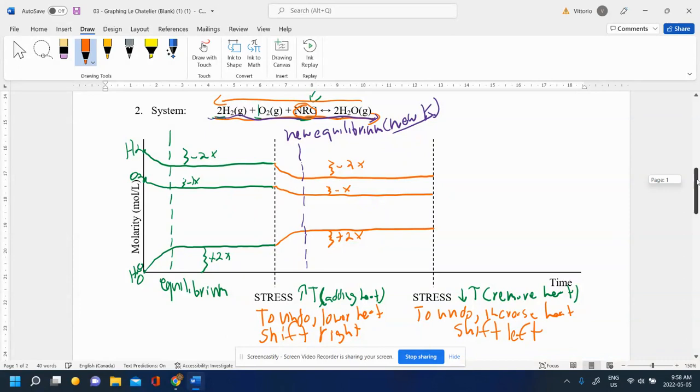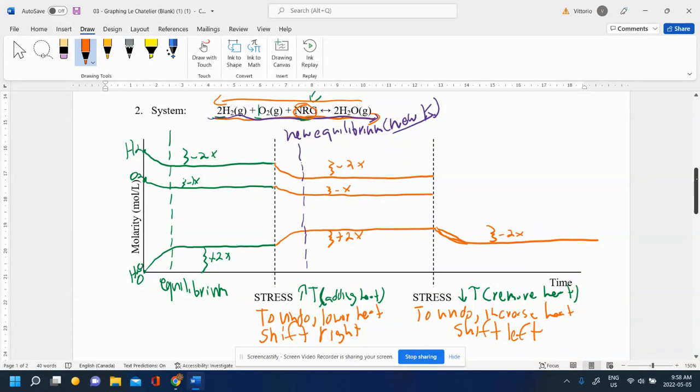So if we're shifting left, we're using up O2. So that will drop and stabilize. And this will be minus 2x. And we're producing H2 and O2.